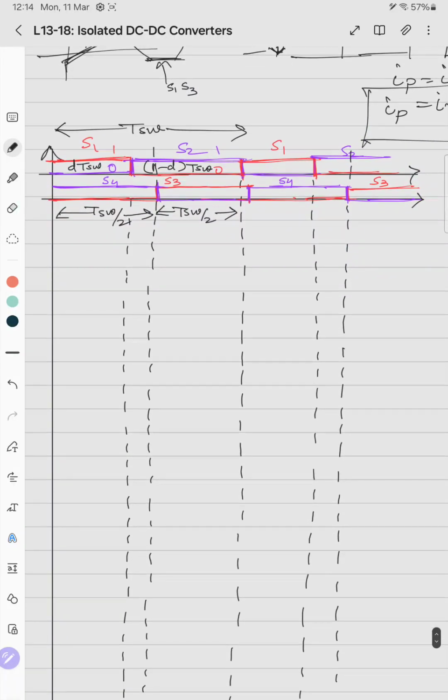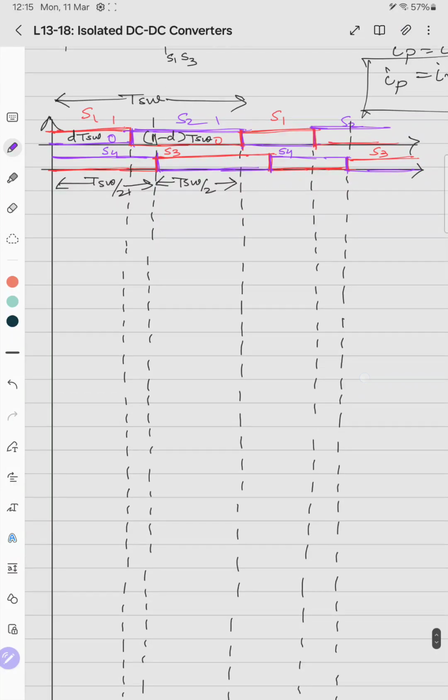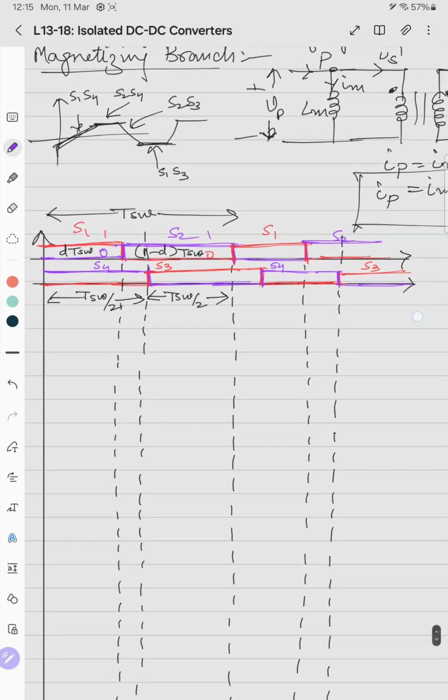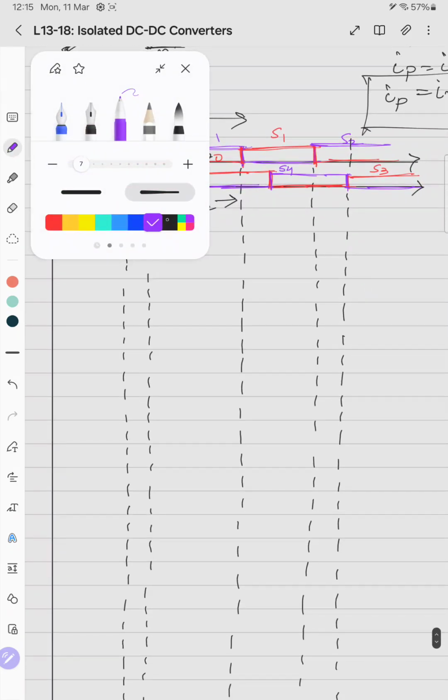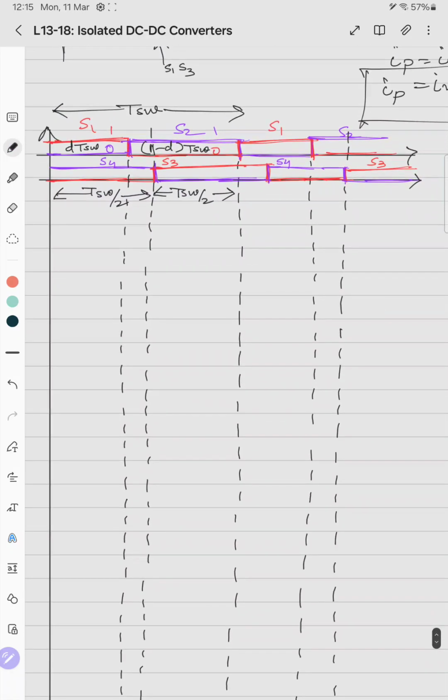So if we just move it down, this is the switching pattern. Here if we bring it down, it will be like this.